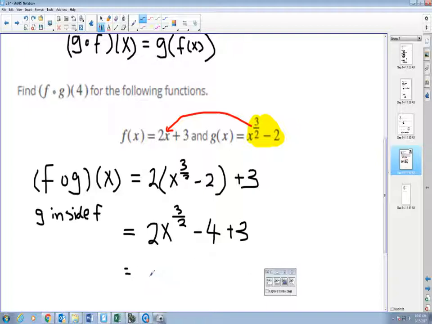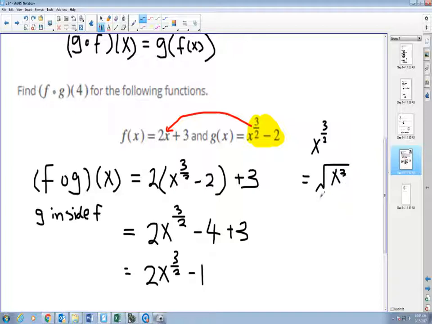So this is going to be 2x to the 3/2 power minus 1. Alright, x to the 3/2 power. Denominator determines the root. Rational exponent becomes radical. So this is going to be a square root of x to the 3rd power. So this is almost like a radical function.